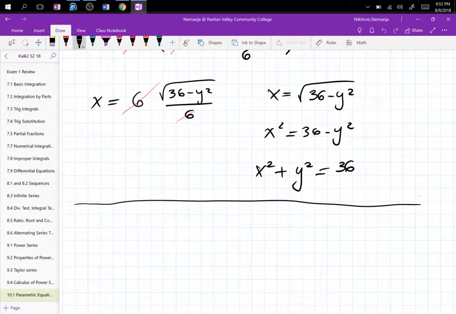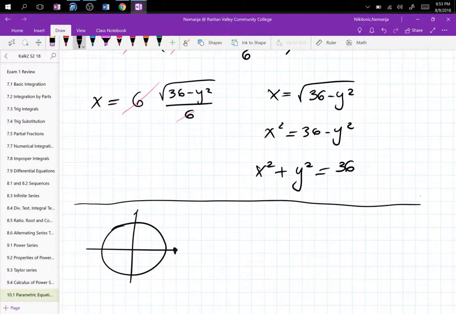Now, we know that we have a circle. I won't talk about derivatives now. We know we have a circle, which in our case was radius 6.